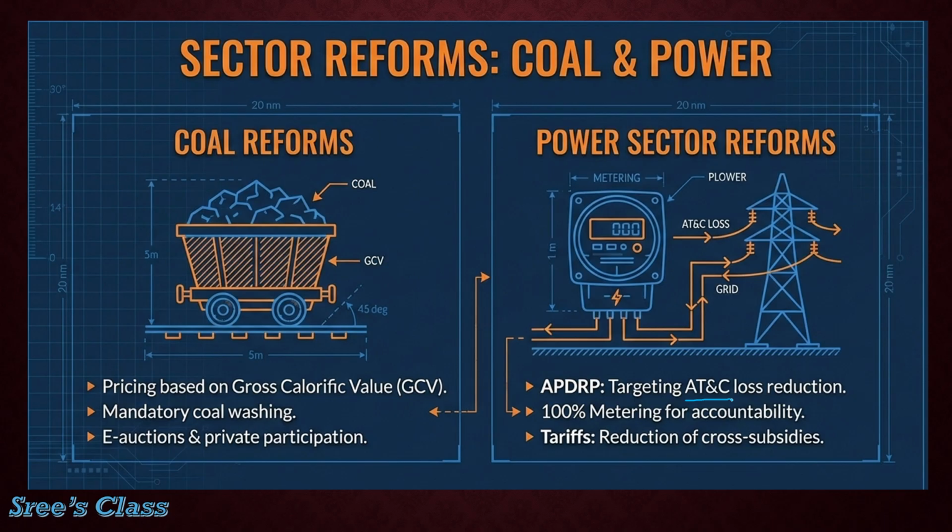Not everybody will be paying. So 100% metering for accountability is one of the major important things in this, and tariff reduction for cross subsidies. Cross subsidies you can get in detail; we will be discussing them whenever we get time.